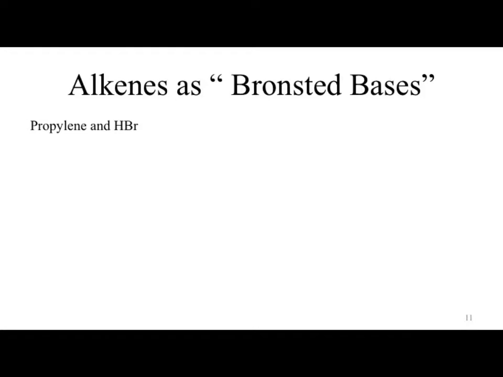So if I ask you to draw out the Lewis structure for propylene, we would get C3H6. You could draw this out. To do that, how many carbons are there? 3. How many electrons does a carbon bring in? 4.